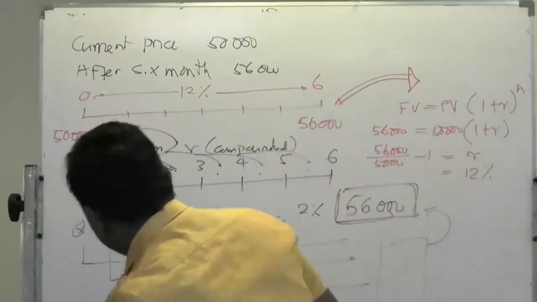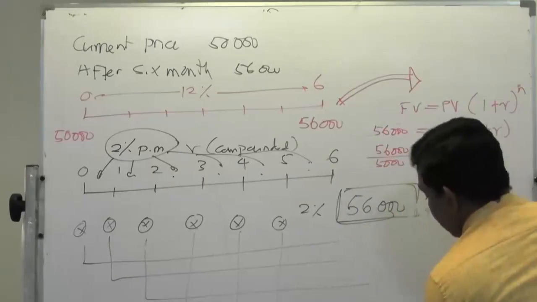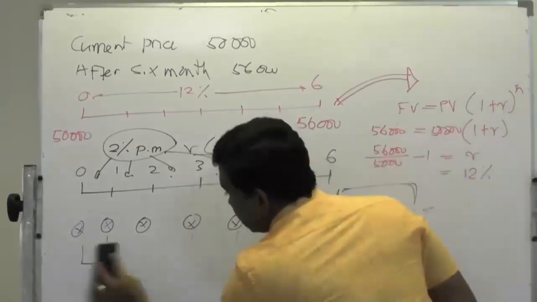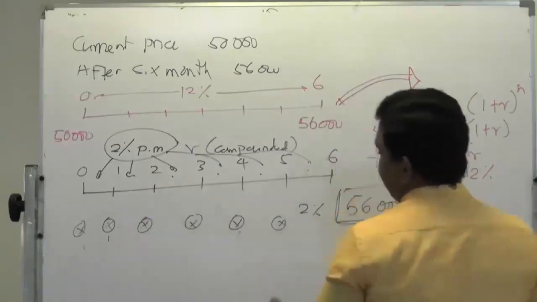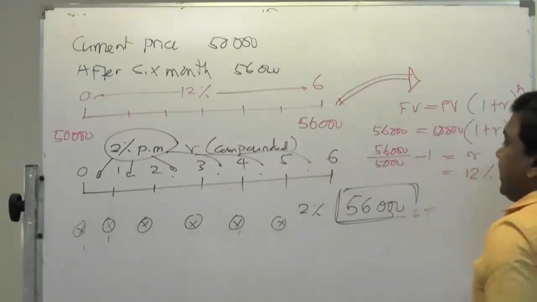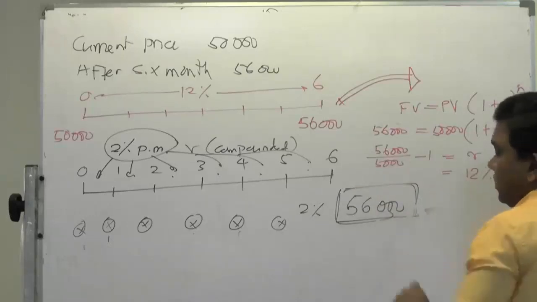Now let's use the formula we used in the previous question, that is the same amount invested at a regular interval at a common interest rate compounding to receive this.